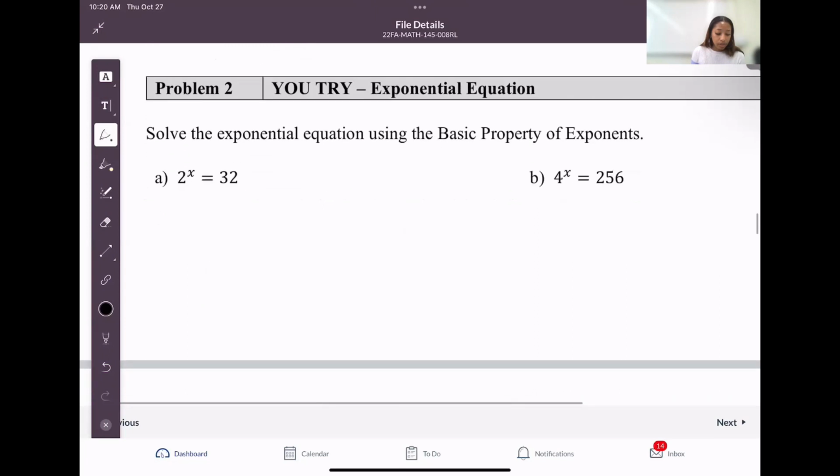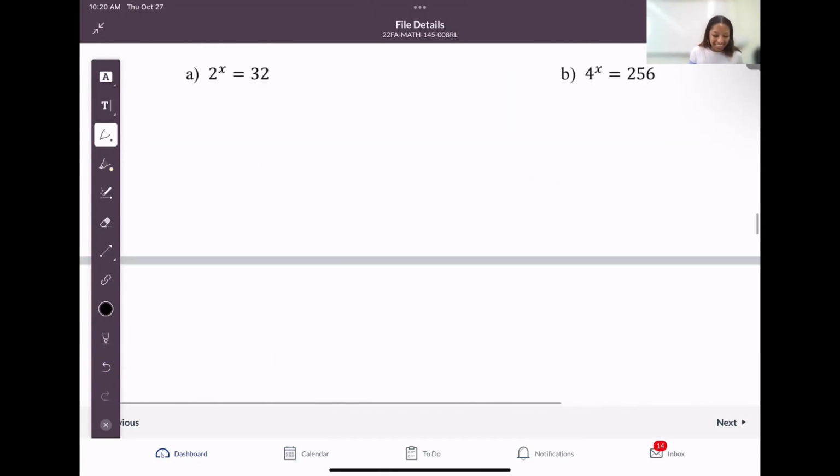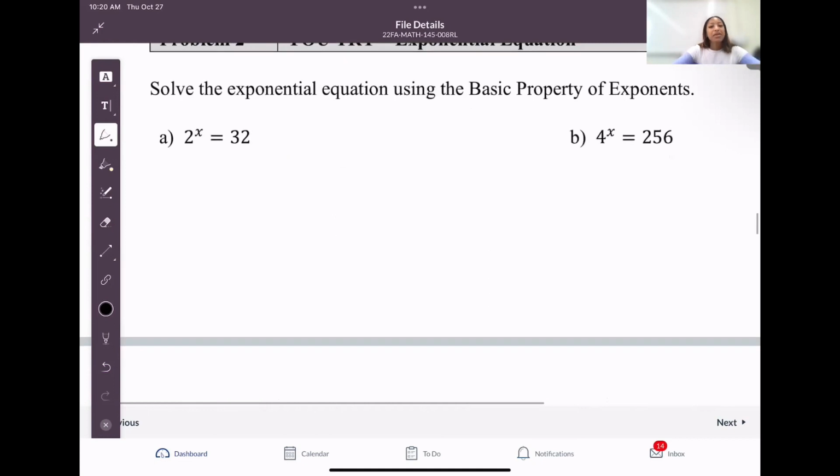All right, now we're going to try. I was going to say only 2 examples. There's 6 of these. On one side of our equation, we're going to be given an exponential expression with a certain base. We want to identify the base and then try to write the other side of the equation using that base. All right, for example, in part A, 2 to the x power is equal to 32. The left-hand side has an exponential expression with the base 2.